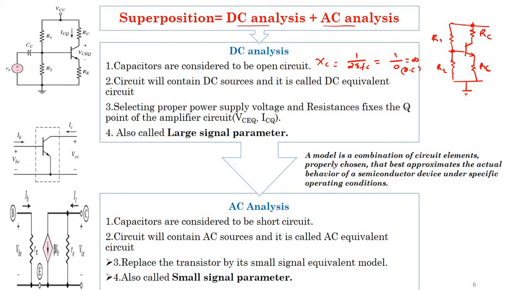Okay, then selecting proper supply voltage is VCC. The resistances, which are nothing but R1, R2, RC and RE, will fix the Q point of the amplifier.